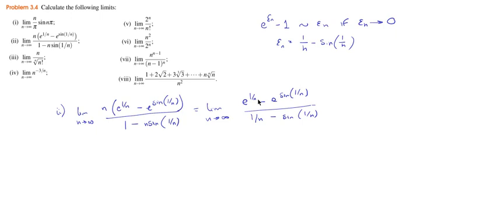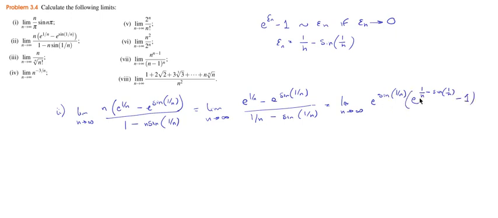So I just need to do some algebra in the numerator. If I multiply and divide by e to the sine of 1 over n, then the numerator is e to the 1 over n minus sine of 1 over n, minus 1.